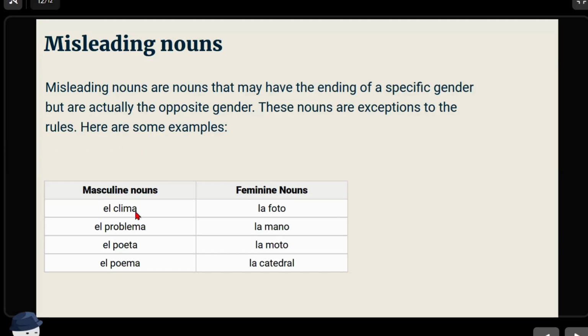So here are some examples. Feminine nouns usually end with A. As you can see, all of these have A, and then masculine nouns usually end with O, and also even L too. So you can see this last one.